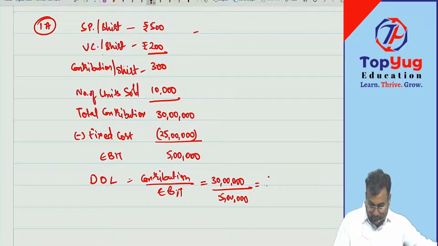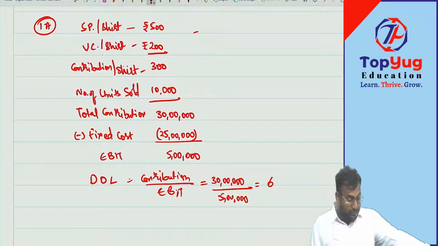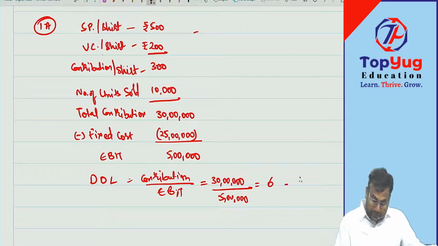That is 6. So this is a bit riskier business only because fixed cost is very high. So this is our first bit answer.